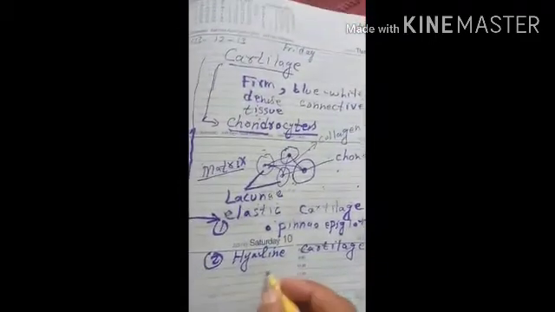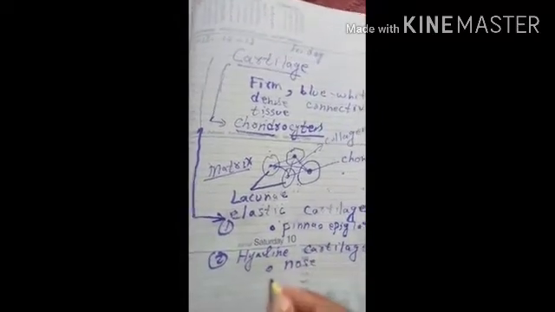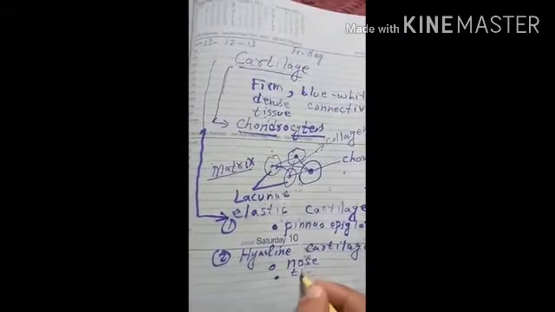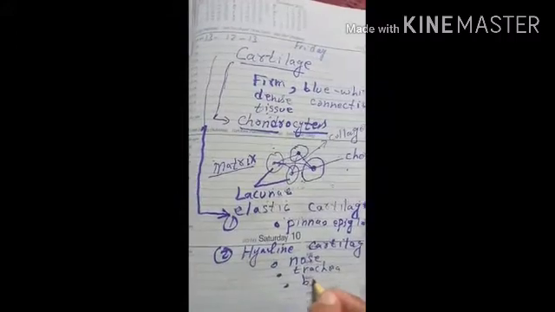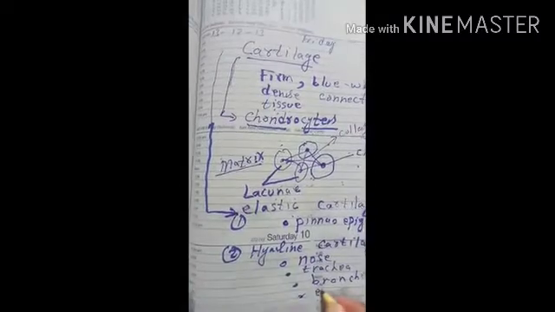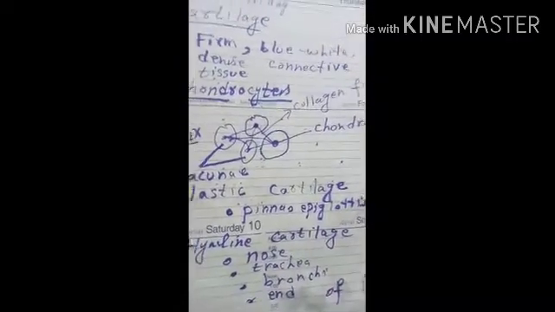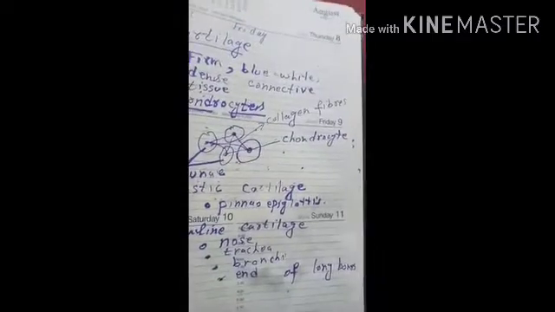That is why hyaline cartilage is present in parts of the body which are nose-like, means it is present in the nose, in the trachea, in bronchi and bronchioles, and also it is present at the ends of both long bones. Ends of long bones are helped and made flexible by hyaline cartilage.